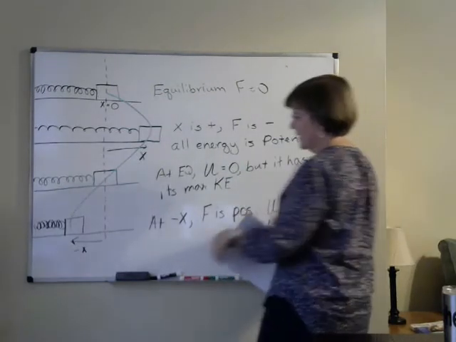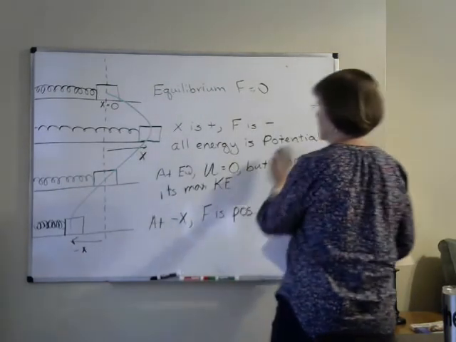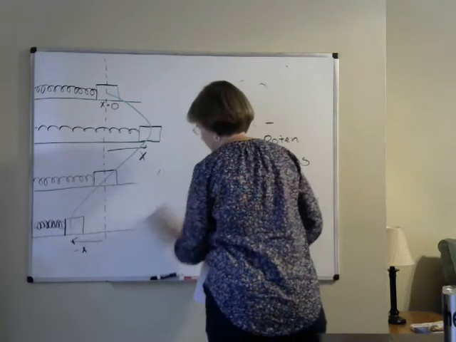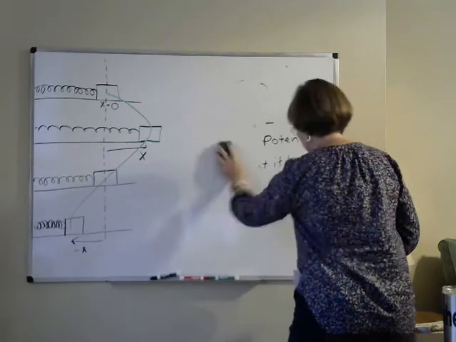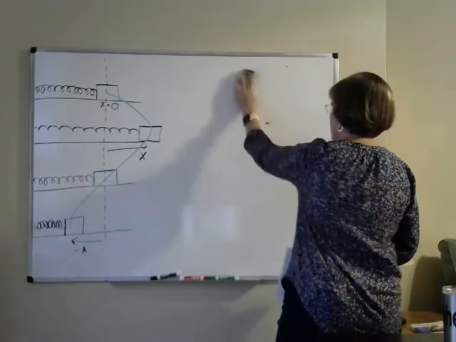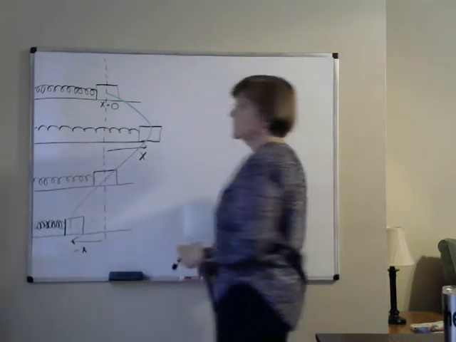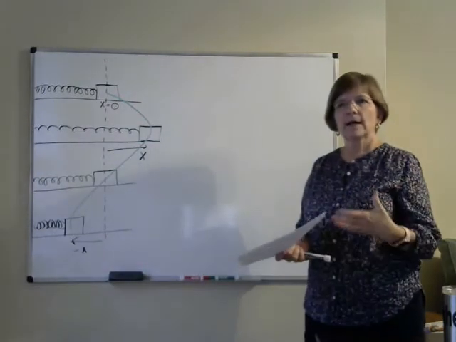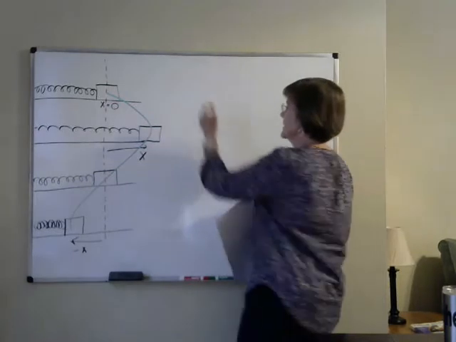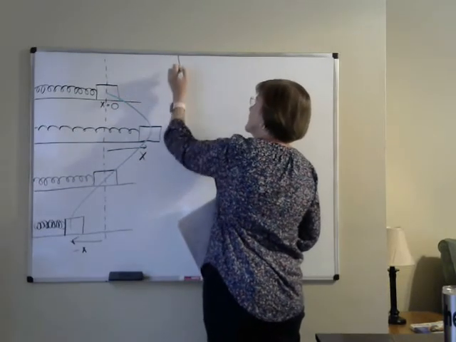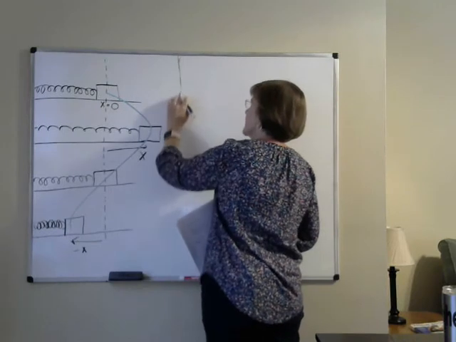Let's think about a little bit more about this simple harmonic motion. Now, I've drawn a horizontal situation, but we get the same results if we suspend something from the ceiling. If I hang a weight, oops, I need it to be a spring though.